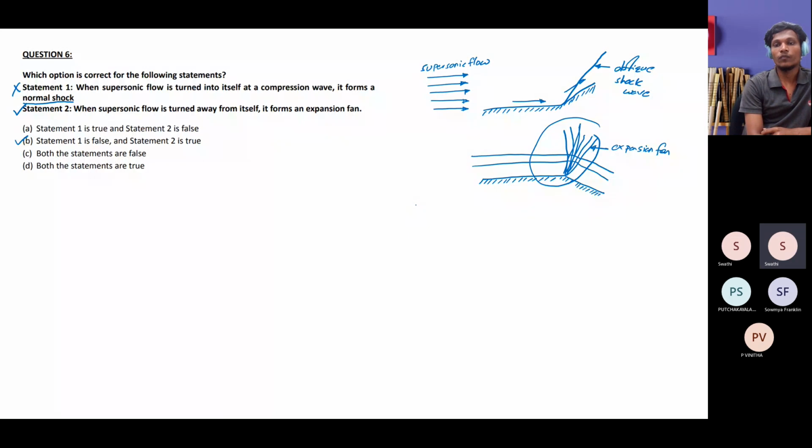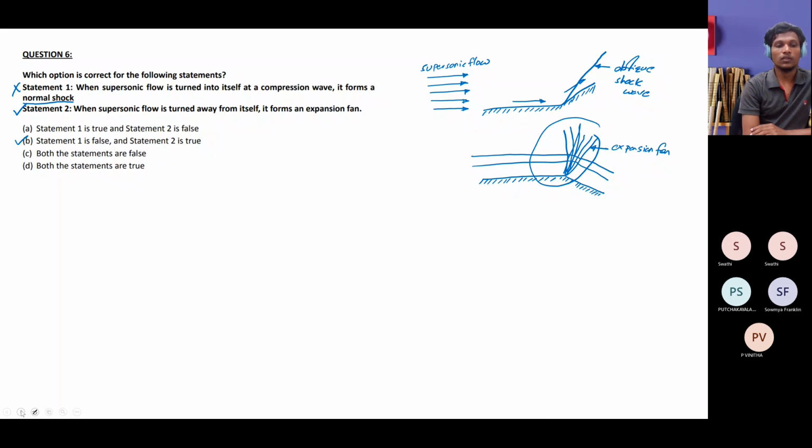Is there any possibility of forming any type of shock wave in subsonic flow? No, there are no finite waves possible in subsonic flow, but acoustic waves are possible, where the information passes through those acoustic waves. Okay, thank you, sir.